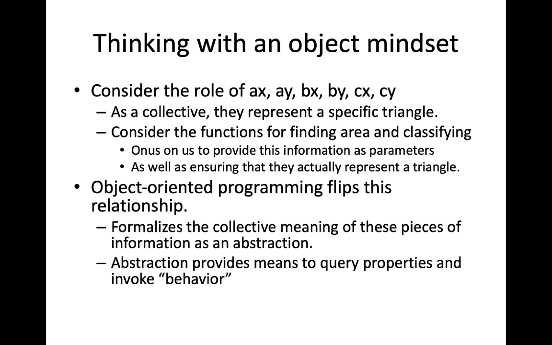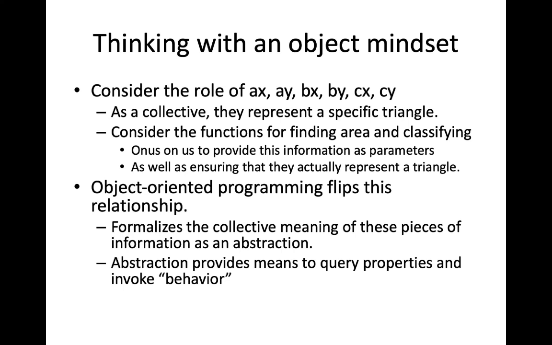In this case, this triangle category function says, you give me a description of a triangle as 6 numbers. The first 2 numbers being the x and y coordinate of one point, the next 2 numbers being the x and y coordinate of the second point, and the next 2 numbers being the x and y coordinate of the third point. You give me those 6 numbers, and then I will give you back a string which is appropriate for the triangle that those 6 numbers describe.